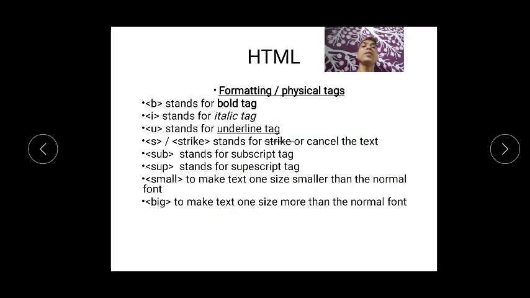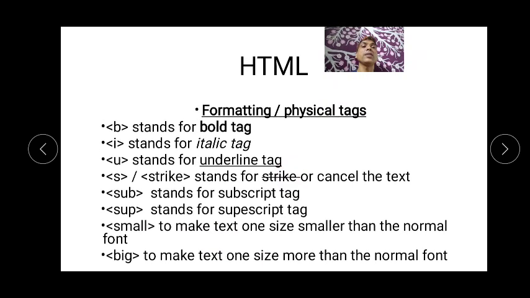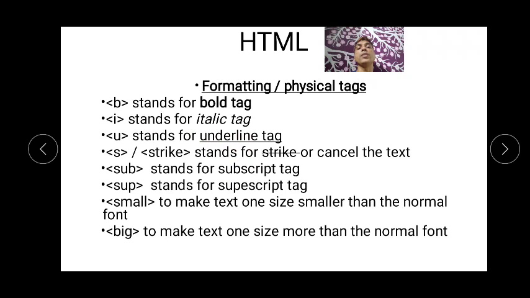Now we'll start with some of the tags. The first tags I am going to teach you are the formatting, or physical, tags. I think most of these tags are very simple because we use them in Word documents. B stands for the bold tag, I for italic, U for underline, and S or strike tag to strike or cancel the text.